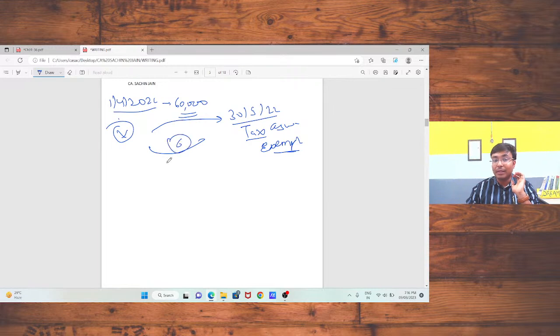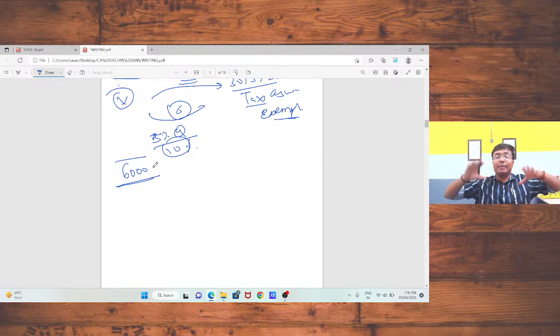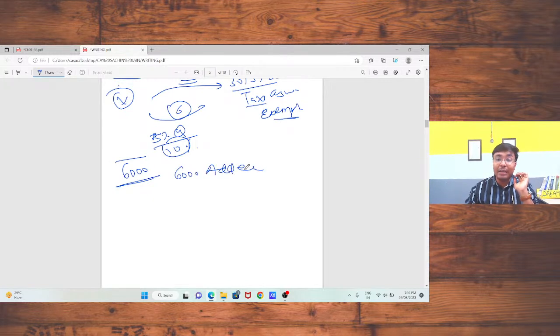The time period is 6 months, so 5% each quarter, so 10%. On that 6,000 rupees, that is 60,000 multiplied by 10%, I am not eligible to take input tax credit, because in that period I used that plant and machinery for exempted purpose only. So that 6,000 needs to be added to output tax liability for paying the tax.